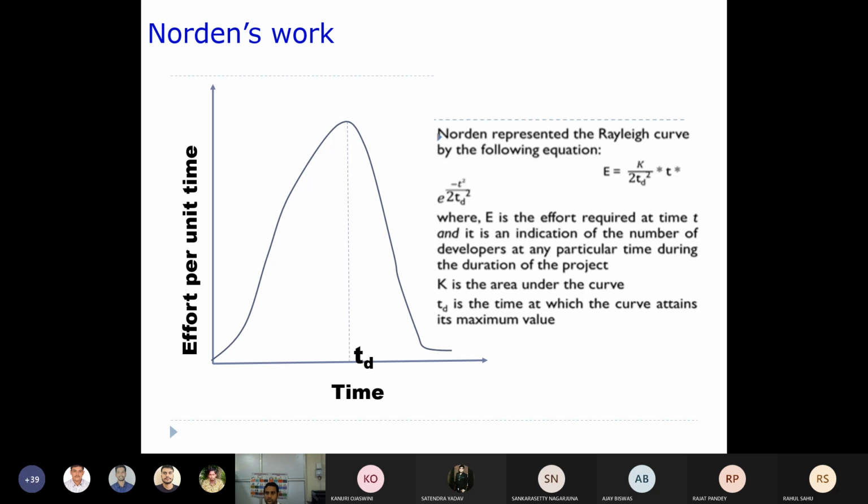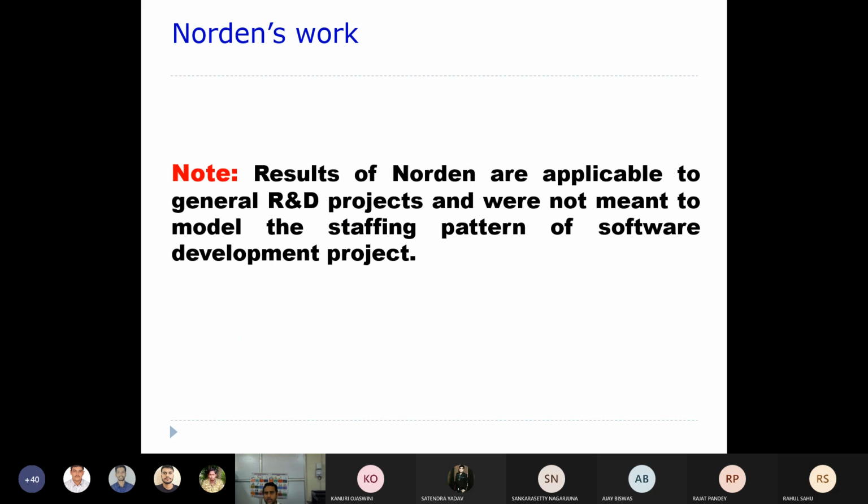Okay, so this Norden's work is only applicable to R&D projects.